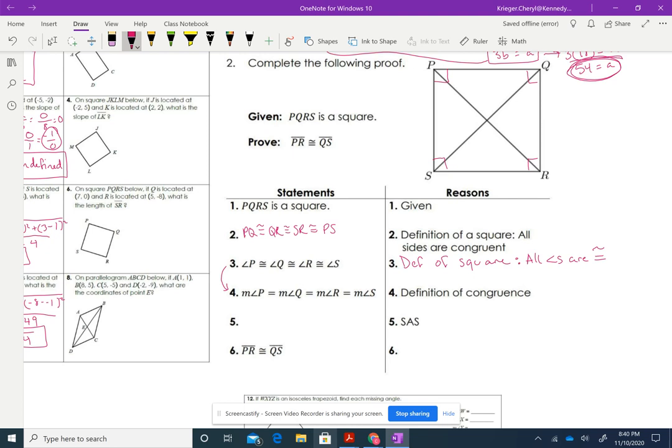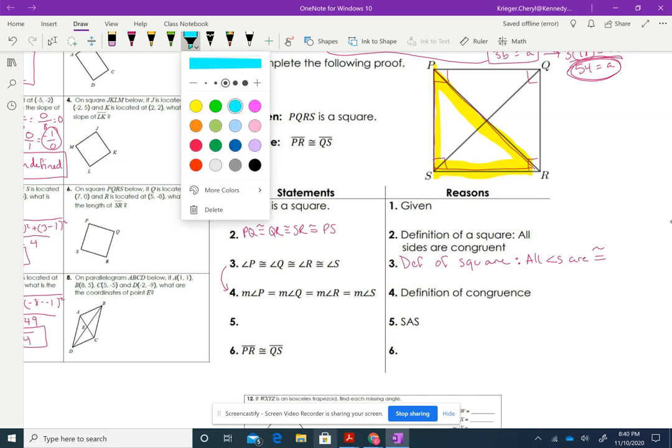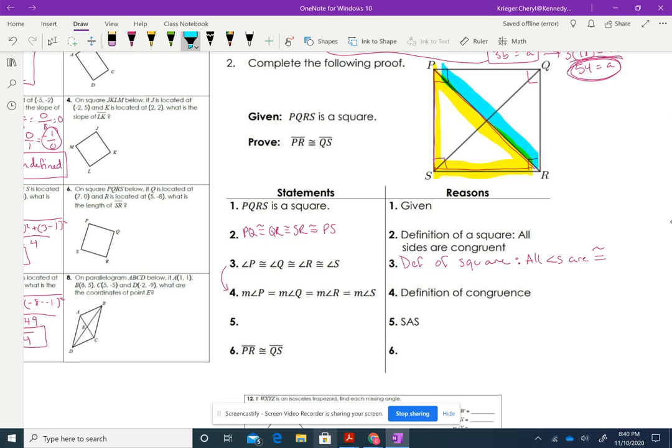So we don't have a lot going on here, but we have these triangles that are congruent. Maybe I'll use my highlighter. I can see better. Okay.